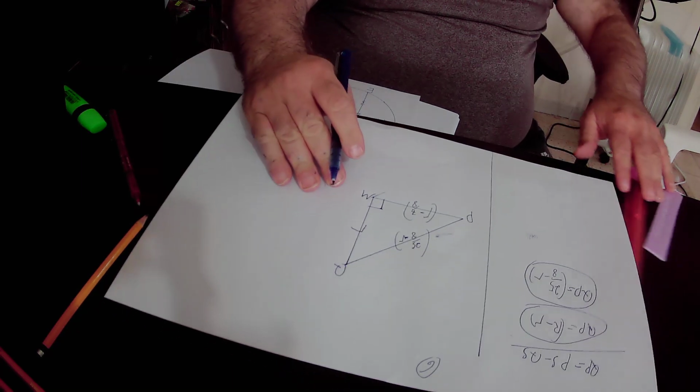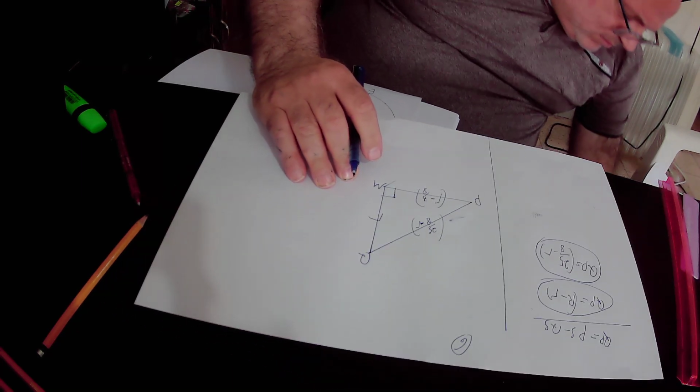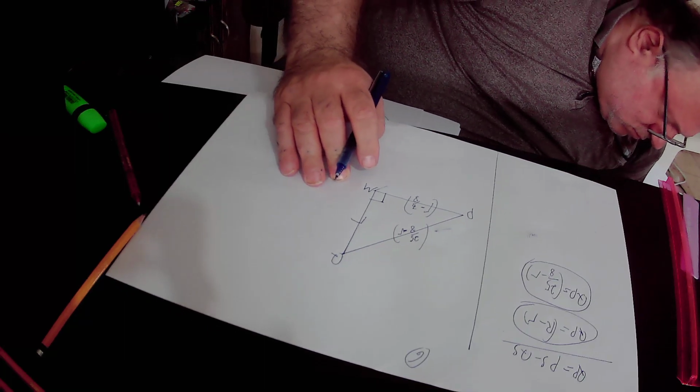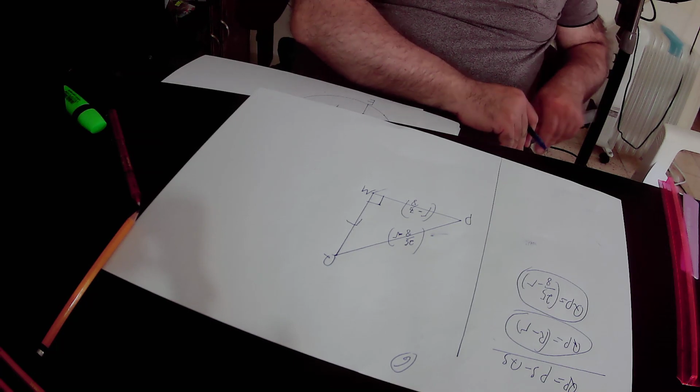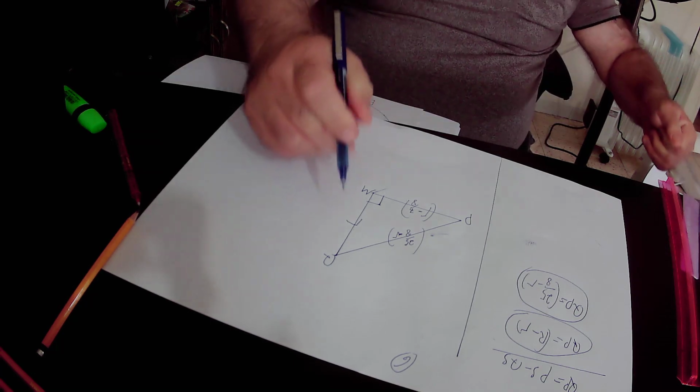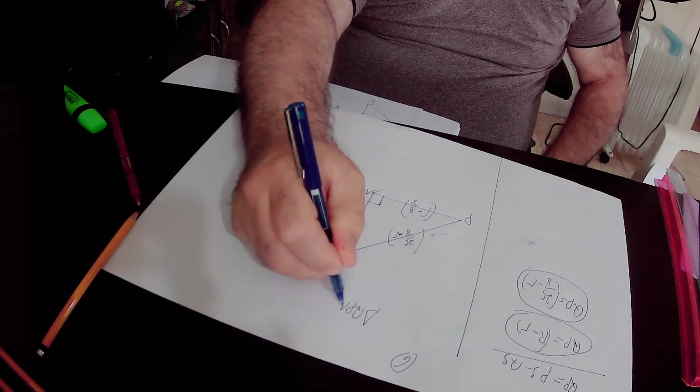Now, in the right triangle QPM, we will implement the Pythagoras theorem.